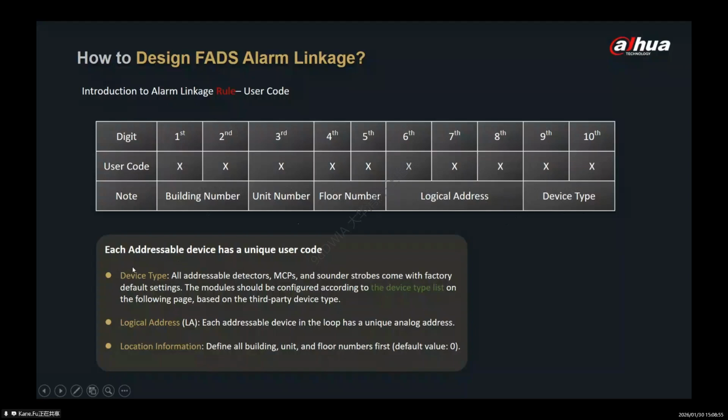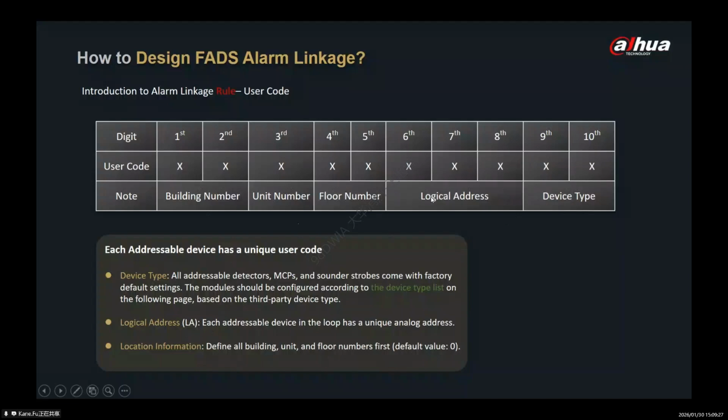And here, for the device type, all addressable detectors, MCPs, and all kinds of addressable devices come with a factory default setting. But for the module, you need to define it again according to the third-party system. If you access the phone system, you can define the module as phone system. If you connect an alarm system, you need to define it as alarm system.